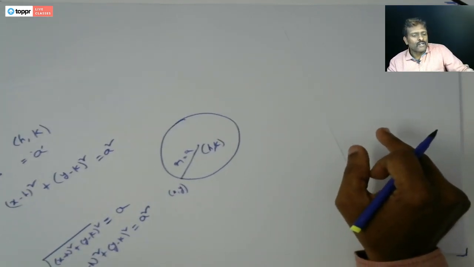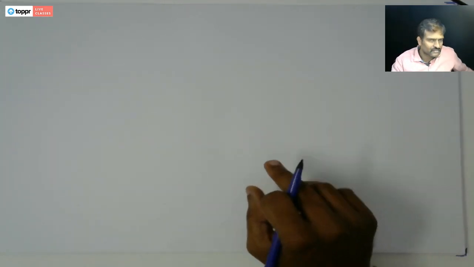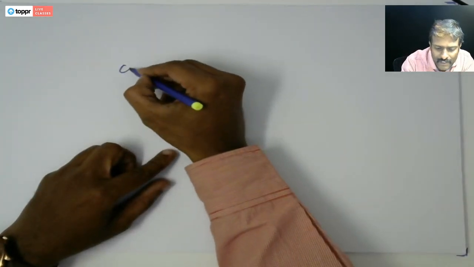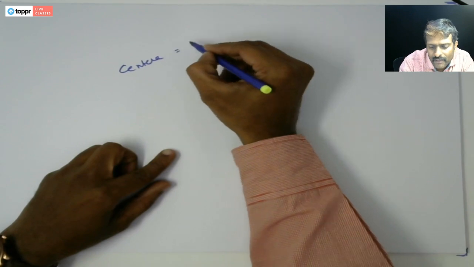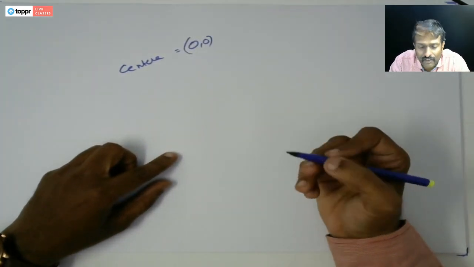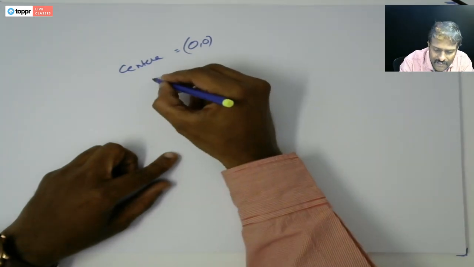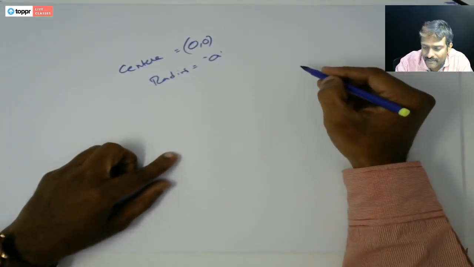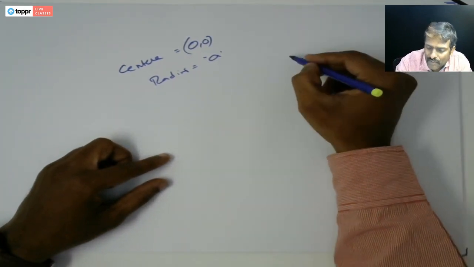Now what if the center of the circle is at the origin? Say the center is 0 comma 0 and a is the radius. So what would be the equation?